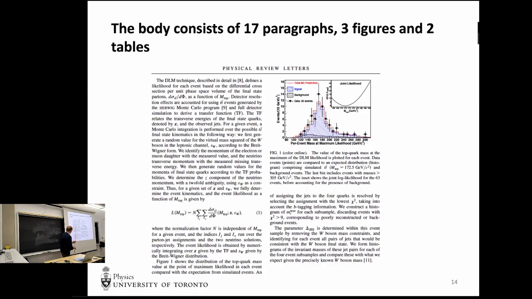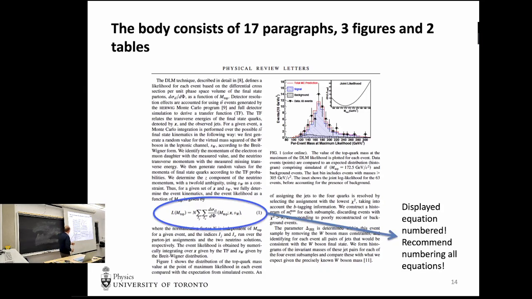But okay, this is from the journal page. And the comment I'd make is that here's what we call a displayed equation. I see them all the time. But one thing to note is that it's numbered. And some people will say, I should just number equations that are the most important in the paper. The fallacy with that is that you don't know what's going to be most important 10 years from now when someone reads the paper. One of the reasons for numbering equations is that someone can refer to them.